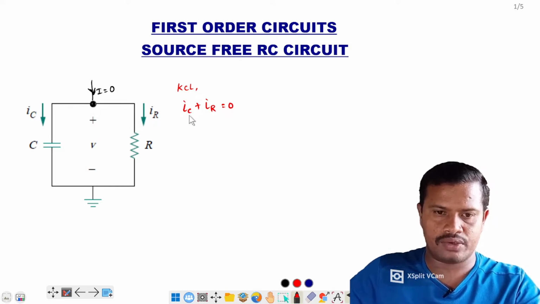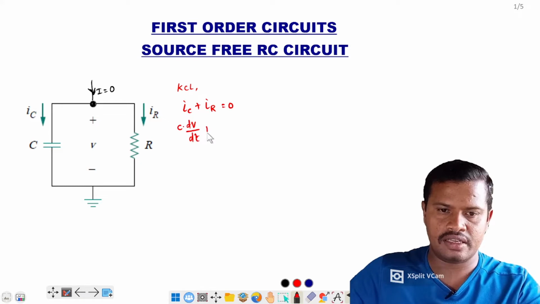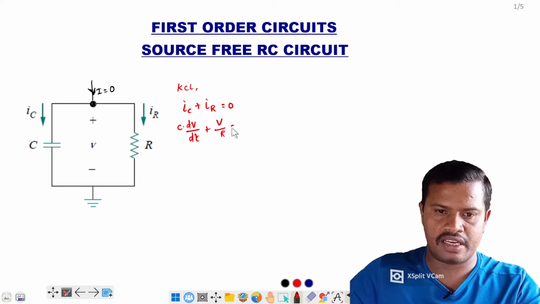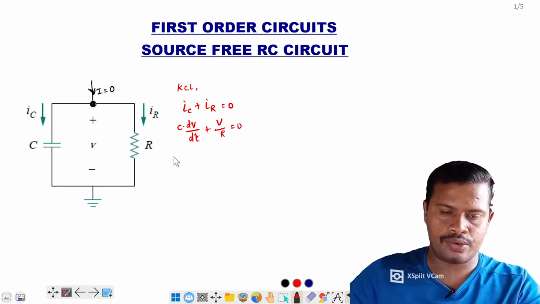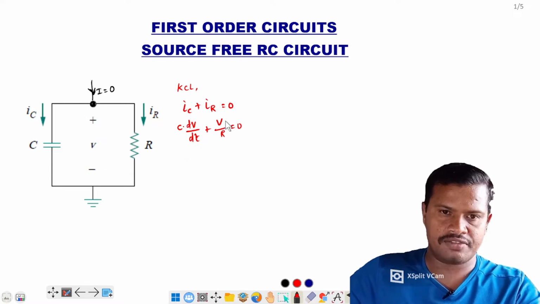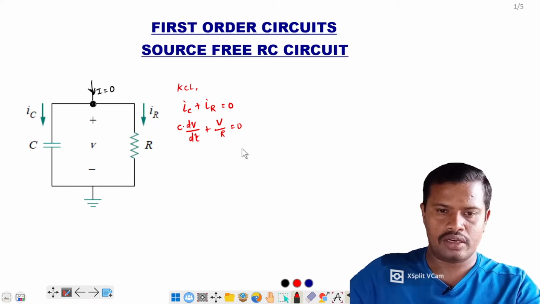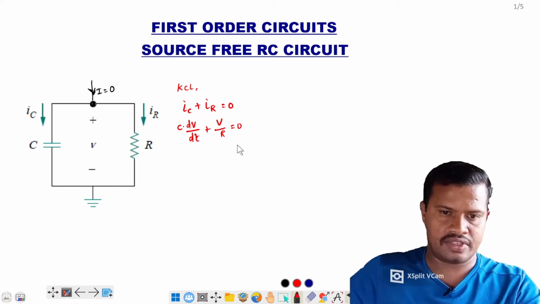By definition, IC is equal to C dV by dt, and IR is equal to V by R, so C dV by dt plus V by R is equal to 0. V is the first order variable, so we will bring the voltage terms to one side and the rest to the other side of this equation.